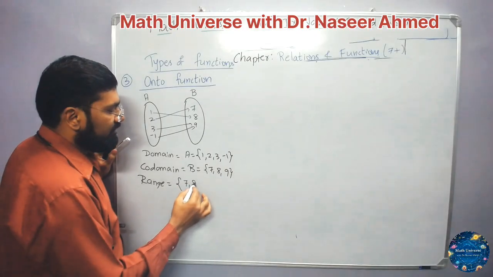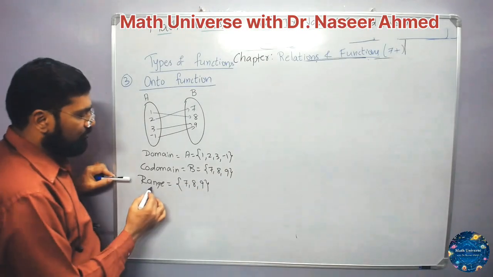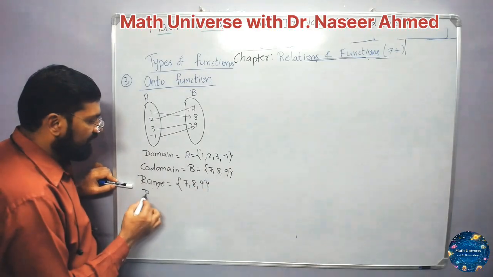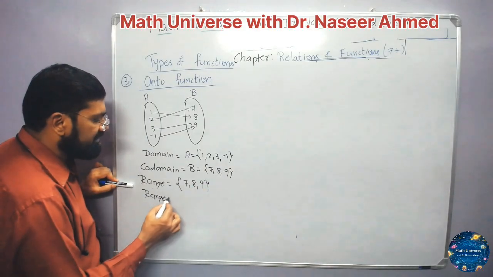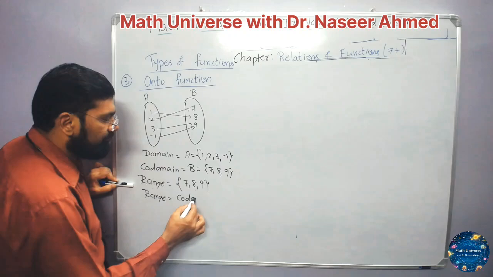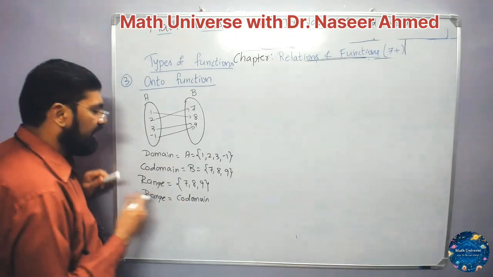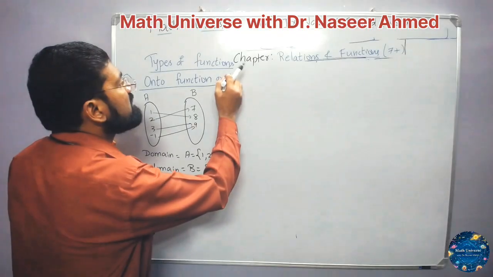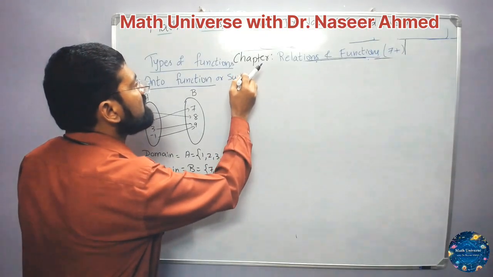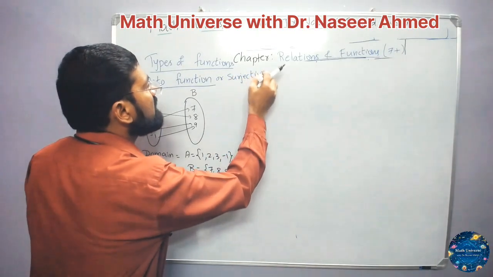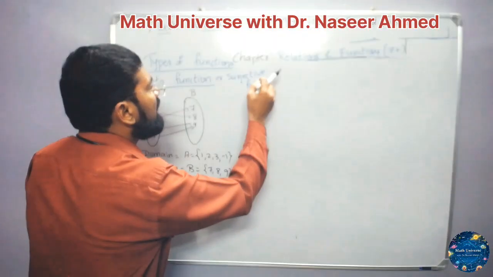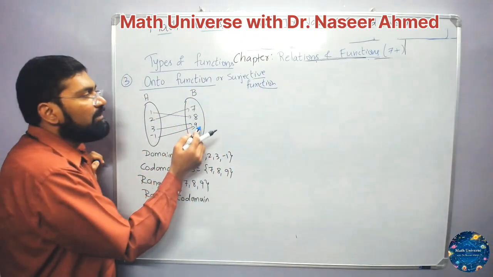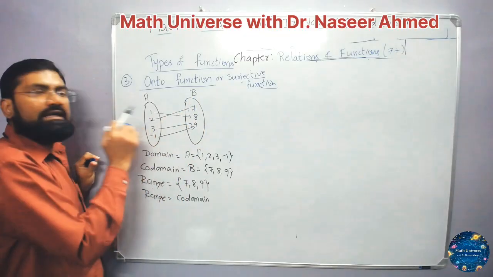Now in this case, if you see, range is 7, 8, 9, codomain is 7, 8, 9, both are same. So whenever you see range is equal to codomain, then we say it is onto function. Another name for this is surjective function. What is a surjective function? Any function in which every element in codomain has a pre-image.